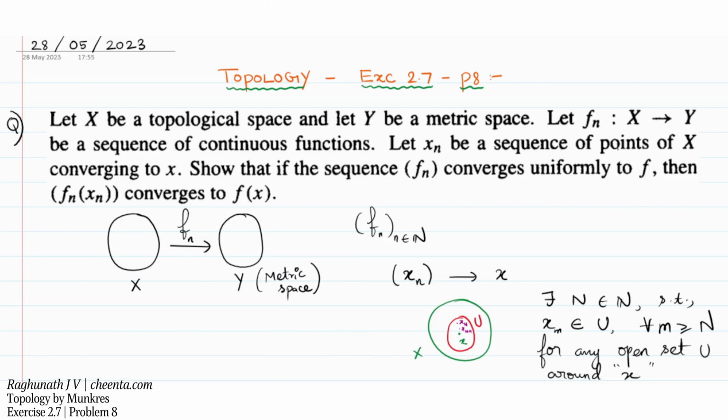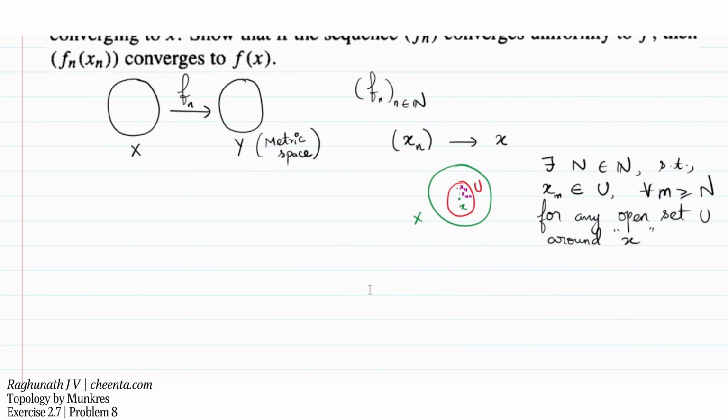Then we have a condition on uniform convergence. First, let's see what is uniform convergence. They are saying that the sequence of functions Fn converges uniformly to f. This is uniform convergence.